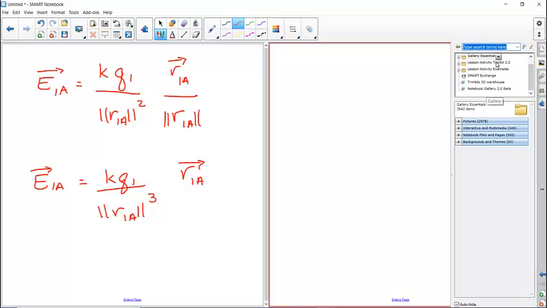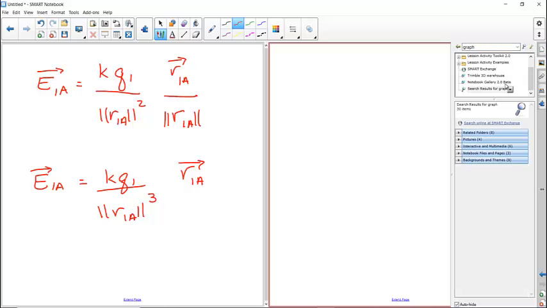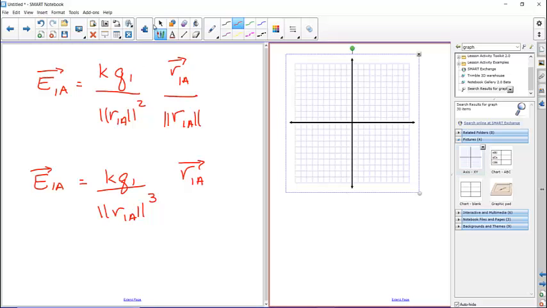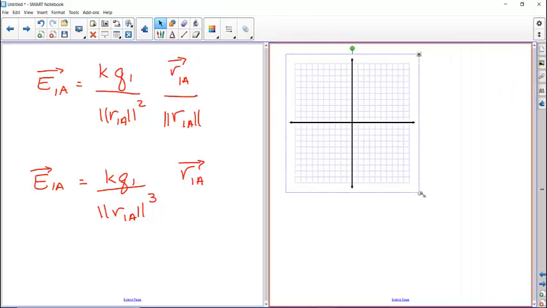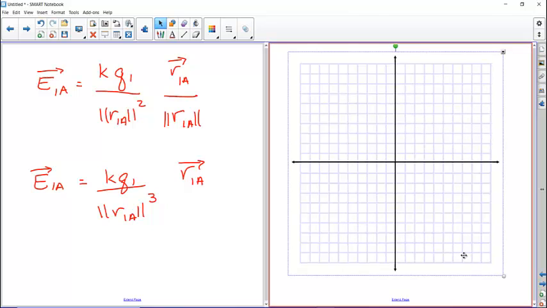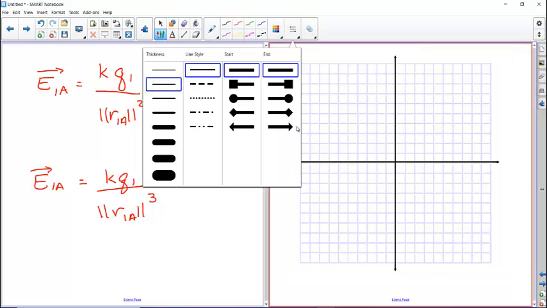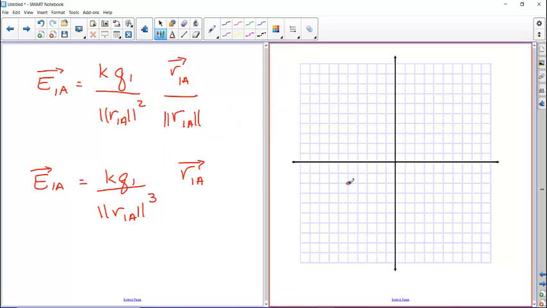So we need some graph paper. So I'm going to switch these points just so you can see that it works no matter which way you're going. So let's pick a point A, which is over here.